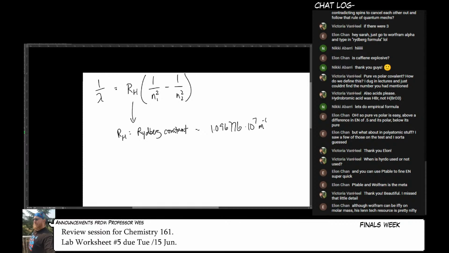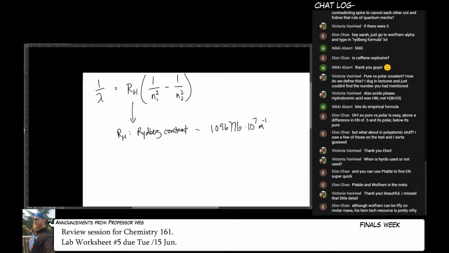Oh, no, down here. 1.09678, which is what I have. Okay, cool. Calculate from the reduced mass of the electron. I don't actually know what they're talking about there. Okay, so this is the right number.